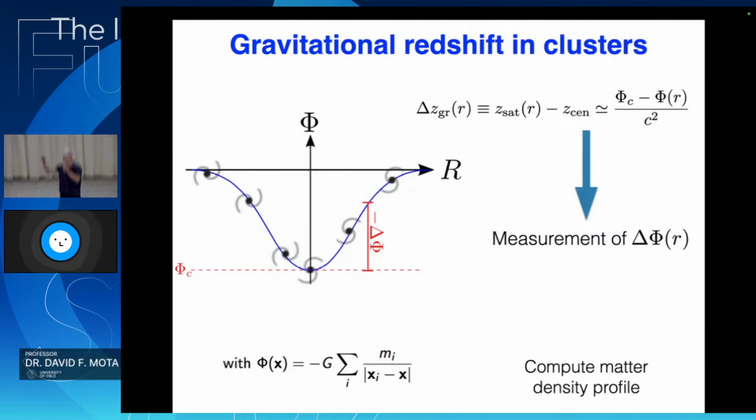Calculating profiles of dark matter halos of galaxy clusters is very useful to test theories of modified gravity. But here I'm just going to focus on the gravitational redshift of the cluster, and I won't be talking about dark matter profiles. The gravitational redshift can be thought of as follows: we just multiply the difference in the potential by the speed of light.